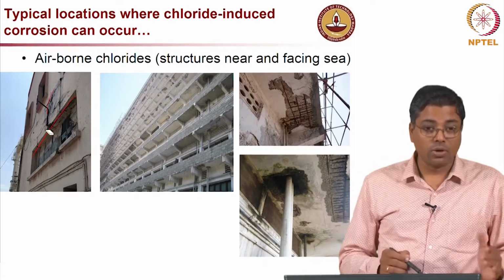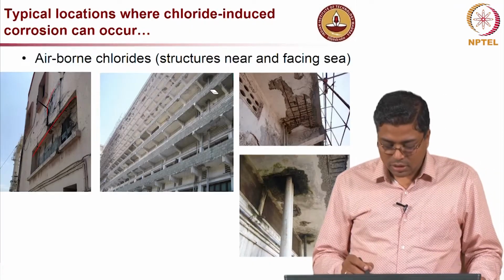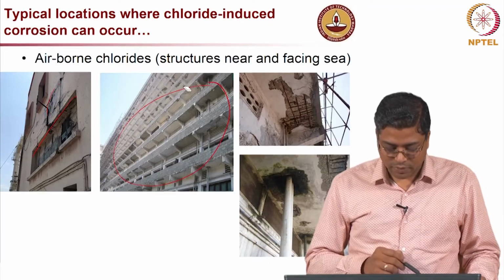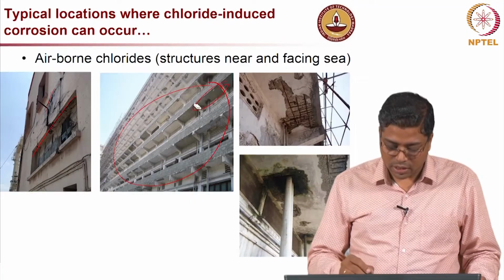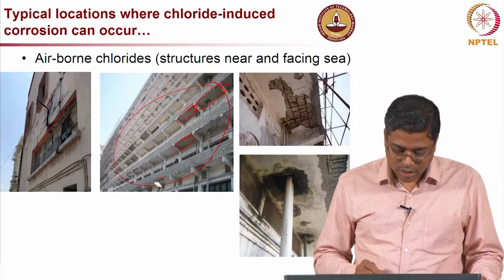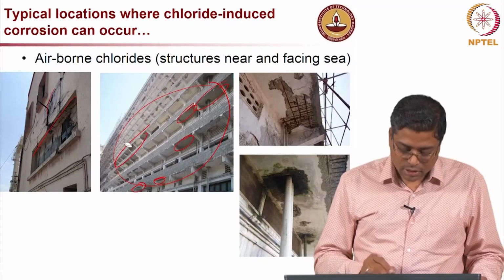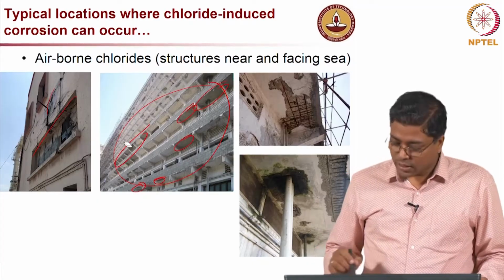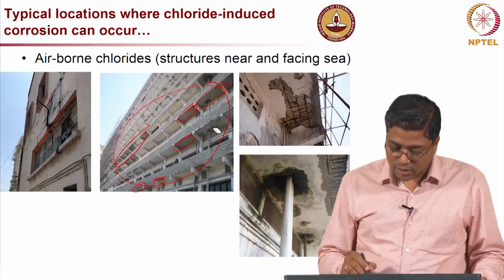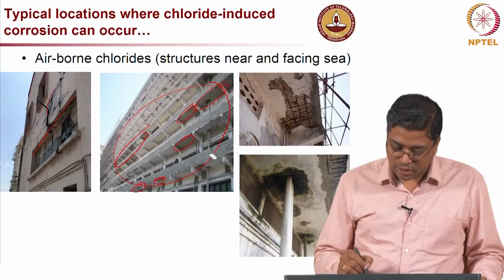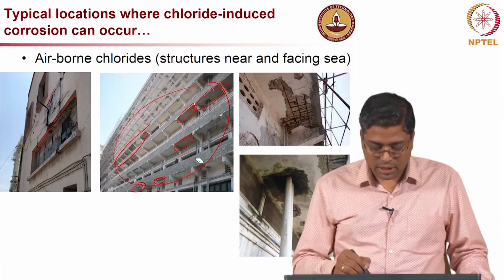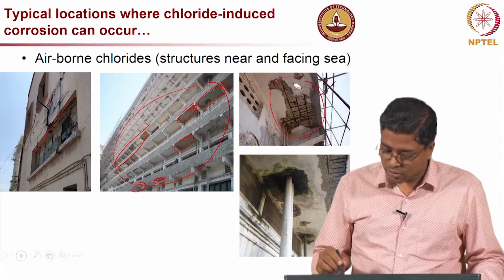This is also very close to the seashore. This is another building, again facing the seashore. You can see a lot of areas with patchwork happening. And this is a close up of one of the sunshades in this building. You can see this very severe corrosion.